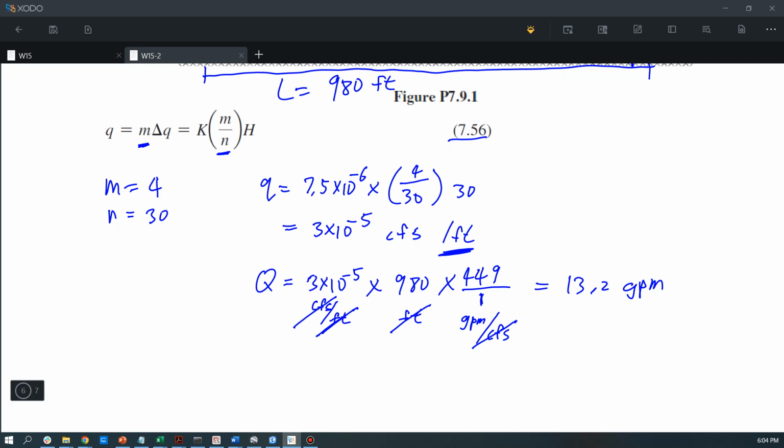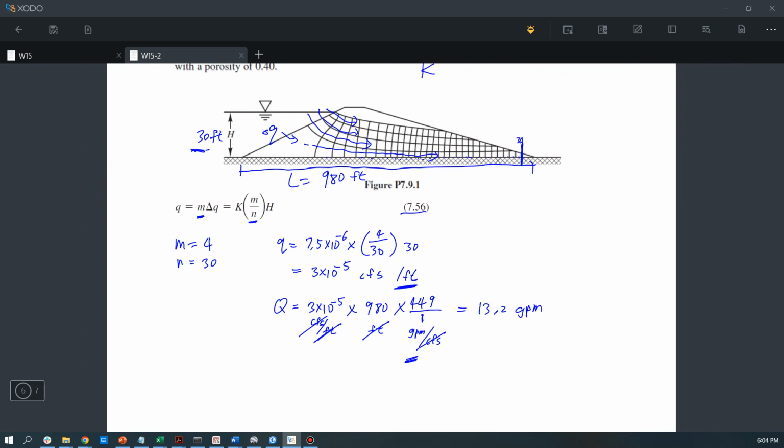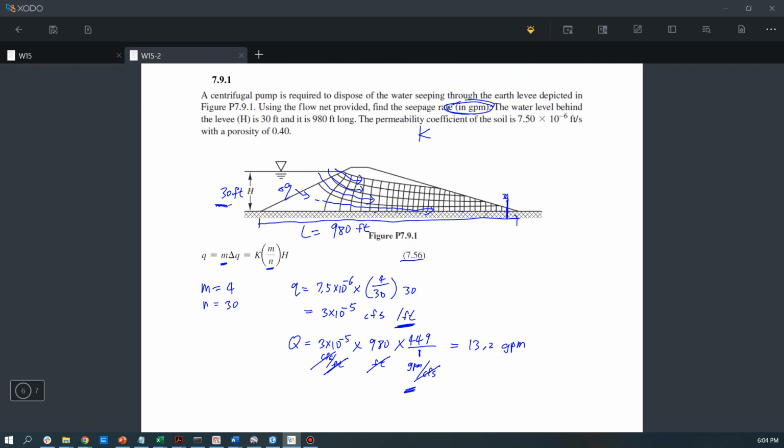Okay, so our unit is GPM. So that is how you use the flow net to estimate the seepage rate in this problem. Okay. So hope you enjoy the recitation for this semester, and see you next week on the recitation in person.